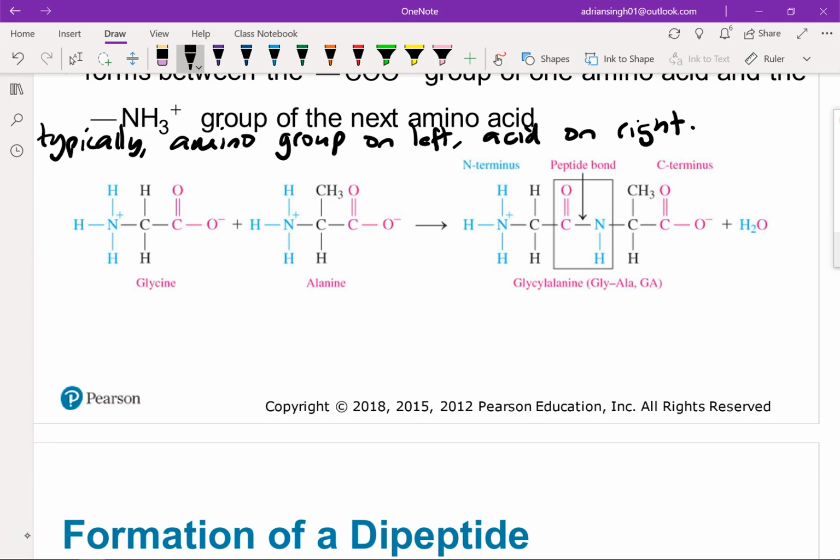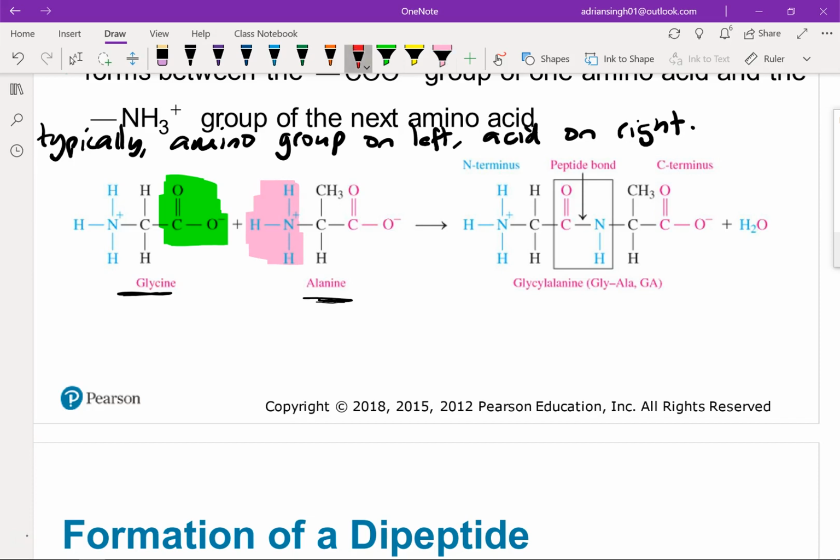So there's our glycine here on the left, the first amino acid, and then we have our alanine right next to it. So when we combine these two, we can see right away that we already have the carboxylic acid group from the glycine right next to the amino group of the neighboring amino acid.